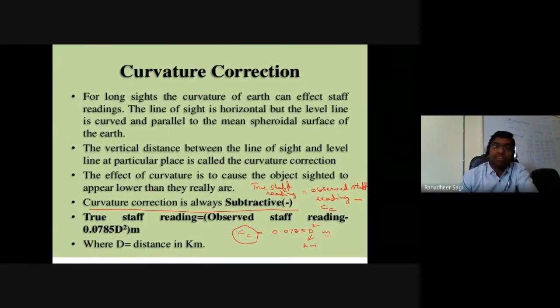As the observed value is higher than the correct value, you have to subtract the correction from it. The correction for curvature is equal to 0.0785 d square, where d is substituted in kilometers, and we subtract that from the observed staff reading to get the true staff reading value.